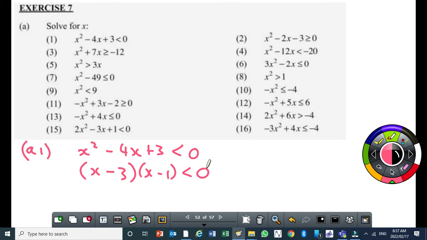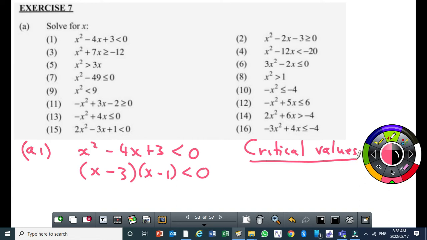Those critical values are actually the x values if the inequality was a quadratic equation. We have solved quadratic equations. So for a while, we will treat it as a quadratic equation. But it's not a quadratic equation, it's a quadratic inequality. So you need to determine the critical values. Okay?